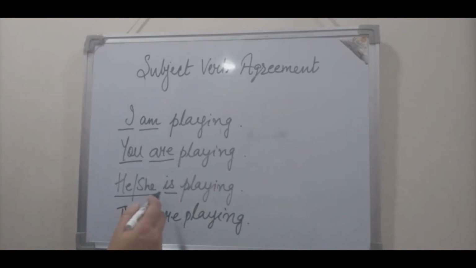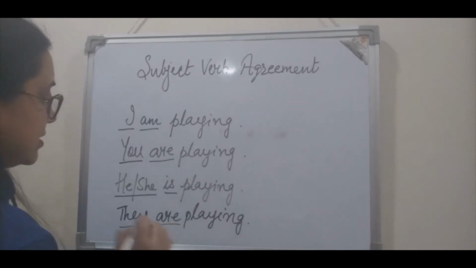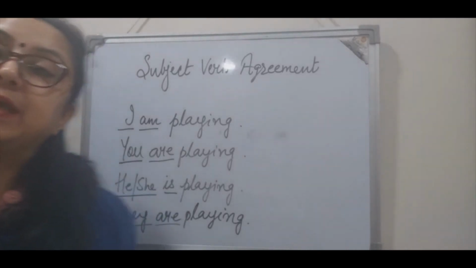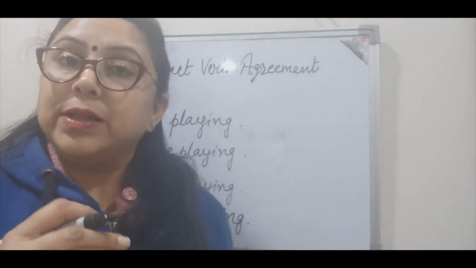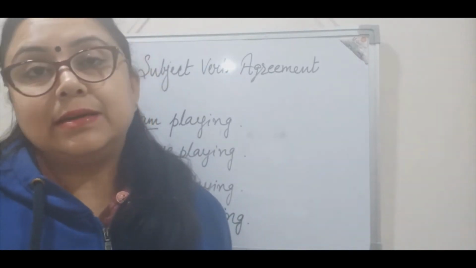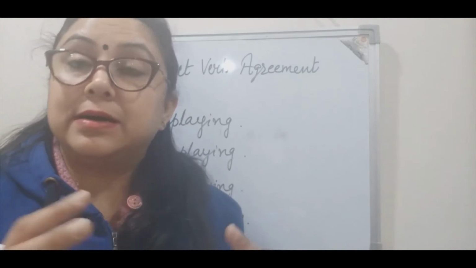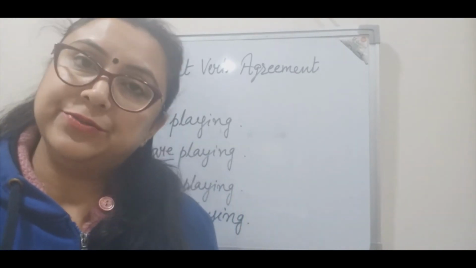Because the subject will not agree with the verb, right? Then they are playing, again third person plural number. If we say they is playing or they am playing, that would be wrong. Why? Because the verb will not agree with the subject. So basically there should be a correct combination between the subject and the verb.